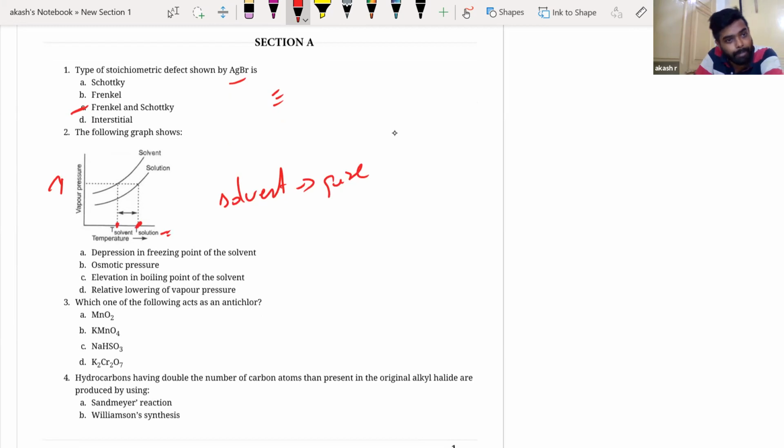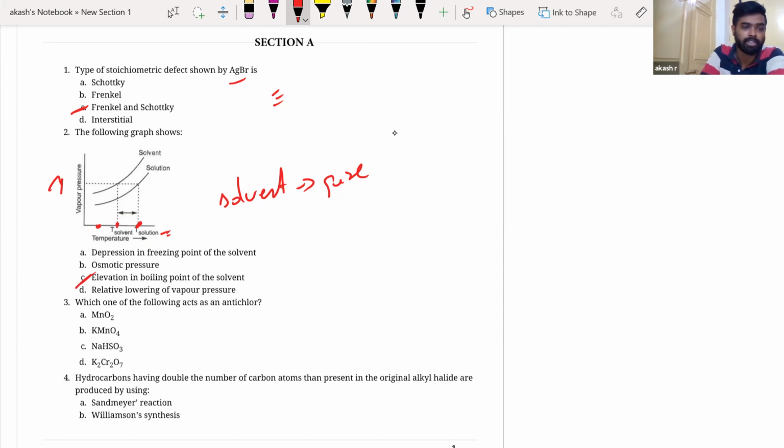You see that the boiling point is increasing. So obviously it is going to be elevation in boiling point. If this solution was somewhere here, lesser than the solvent temperature, that is your freezing point, then it becomes depression in freezing point. But in this case, it is increasing. So yeah, it is elevation in boiling point.